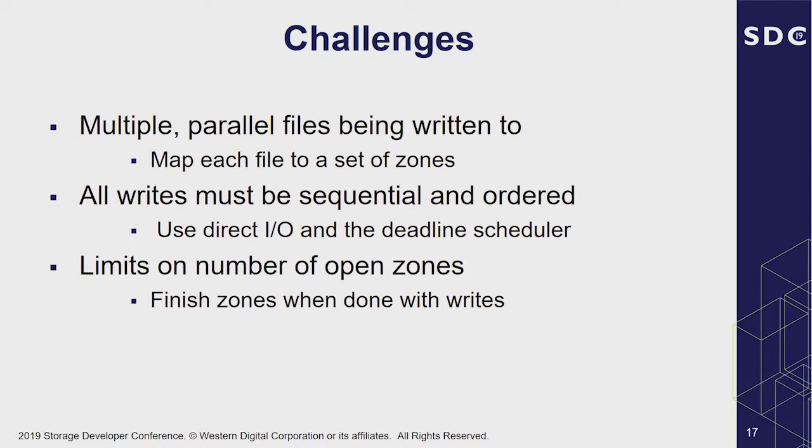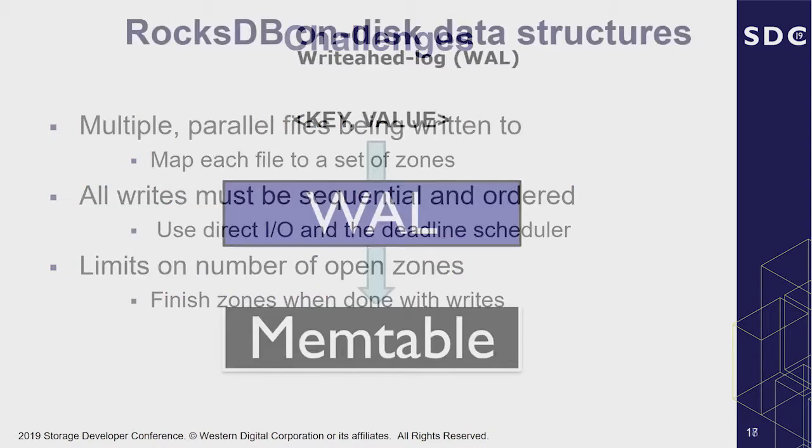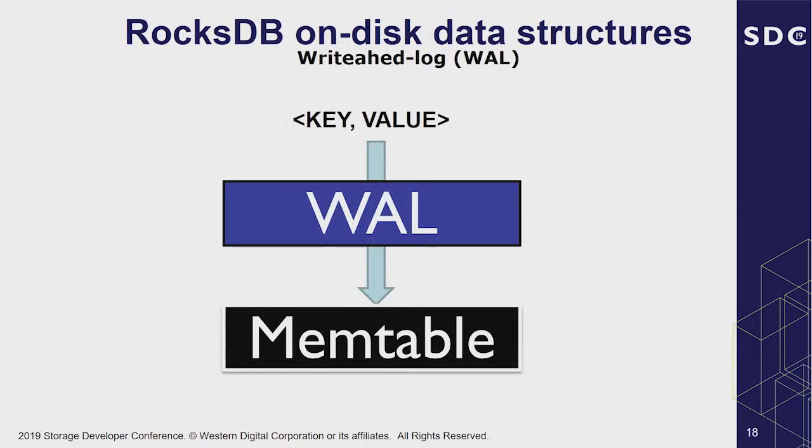And if we dig into the data structures of RocksDB and how we go from a key value insert into the disk writing, we start with the key value, and that is written through a write-ahead log into a mem table. And the write-ahead log ensures that until the mem table is flushed, we have no possibility of data loss.